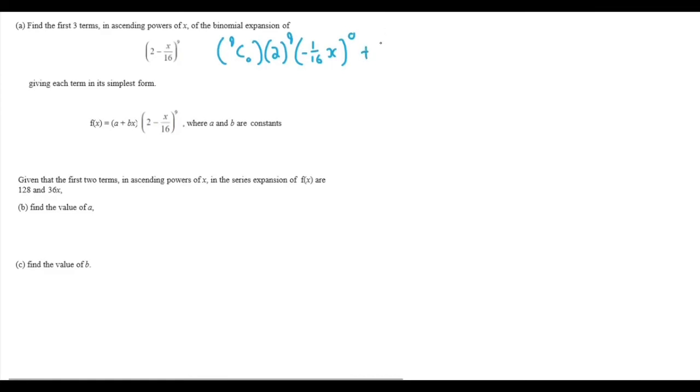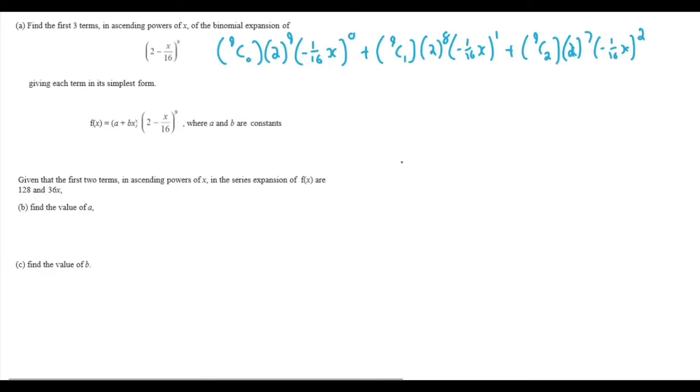For the second term, you're going to have 9 choose 1, and then 2 to the power of 8, minus 1 over 16 x to the power of 1, and after the first 3 terms, so we want more, 9 choose 2, 2 to the power of 7, and then minus 1 over 16x to the power of 2.